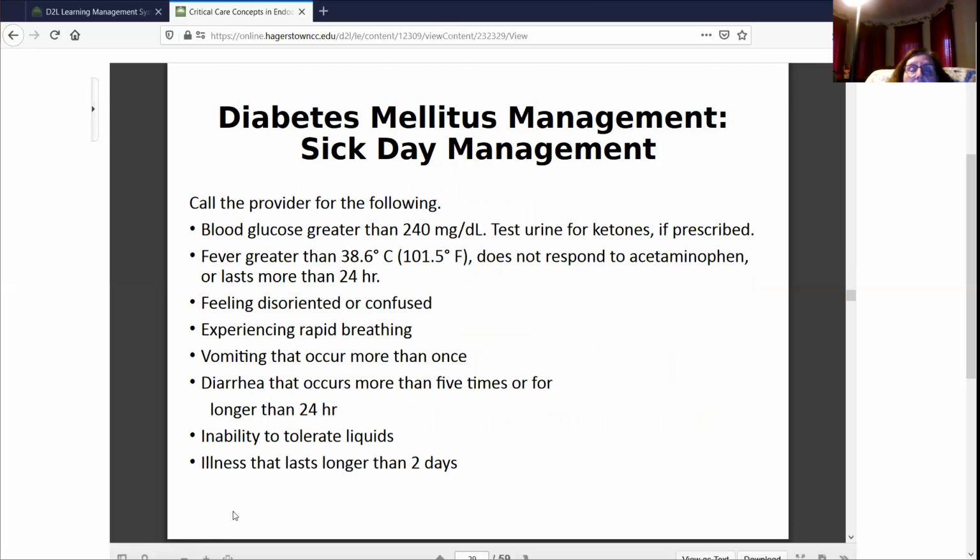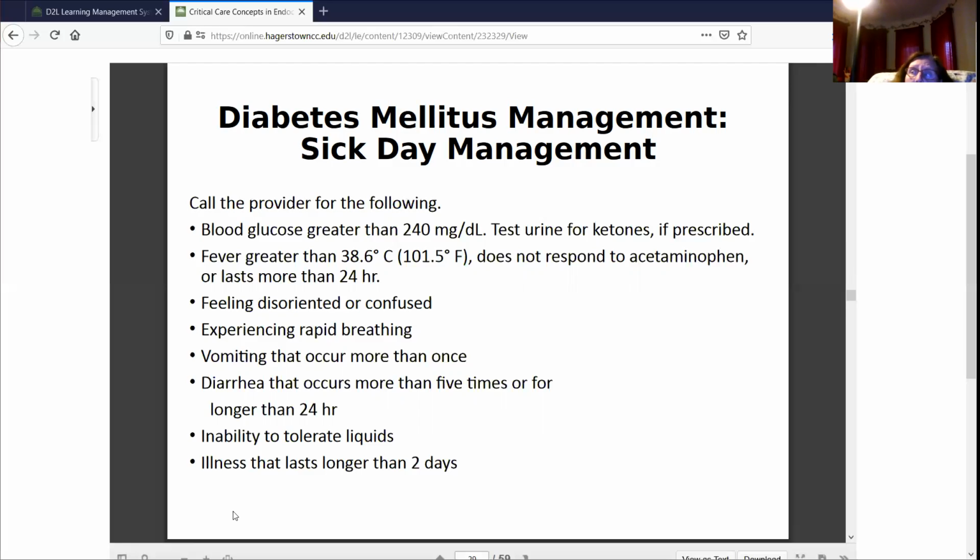You want to call the provider if a patient or a family member or whoever is sick and they have diabetes, for the following: blood glucose greater than 240 milligrams per deciliter, test urine for ketones if prescribed, fever greater than 38.6 centigrade or 101.5 that does not respond to acetaminophen or lasts more than 24 hours.